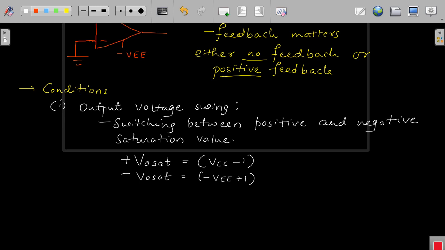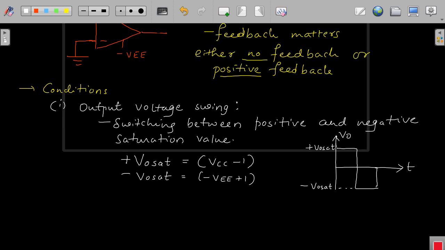That means whenever the output swings between the two values, something like this, please see now, I have gone into an output which is pulse in shape or rectangular in shape. So this is called plus V naught sat and this is called minus V naught sat if you consider this waveform.